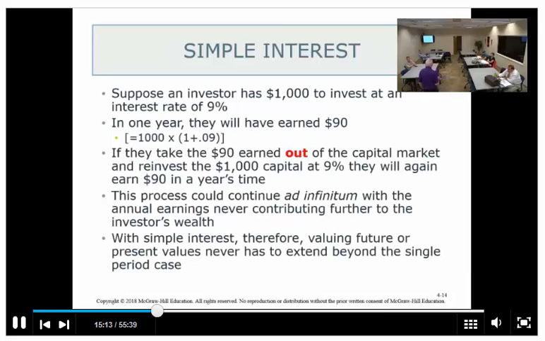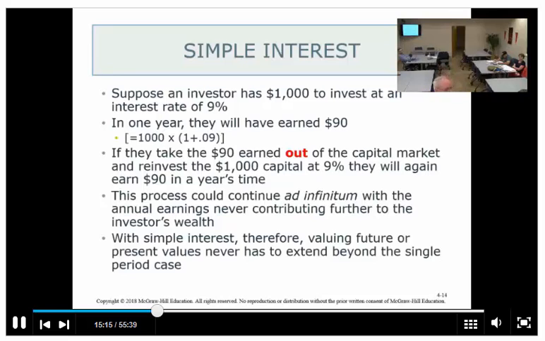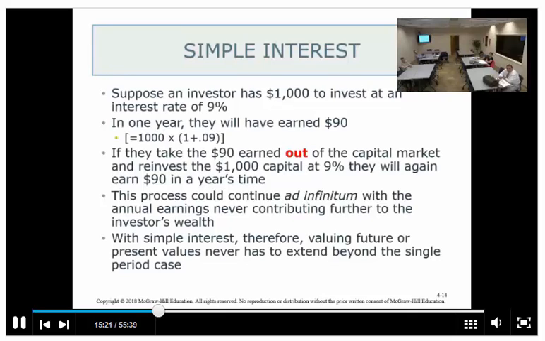You invest and get your $90, and then you take it out of the bank. So every year you earn the $90, but your money never grows because you're always taking the 90 out. That's simple interest, which we will not be doing in this class.